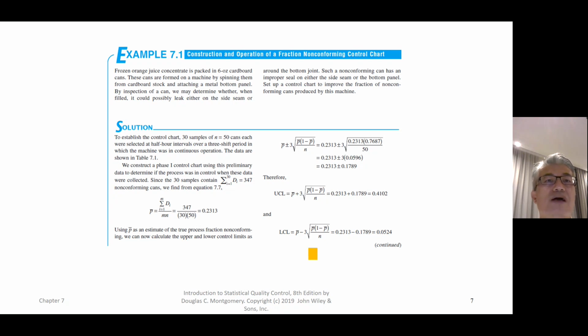By inspection of a can, we may determine whether, when filled, it could possibly leak either on the side seam or around the bottom joint. Such a non-conforming can has an improper seal on either the side seam or the bottom panel.